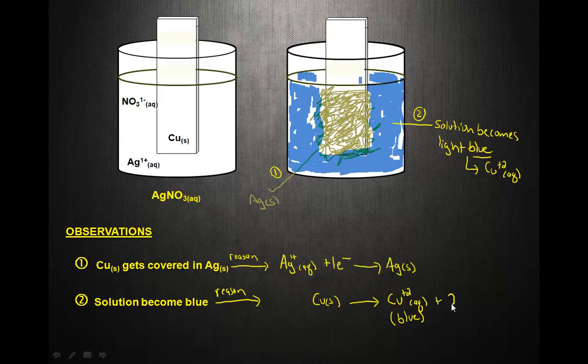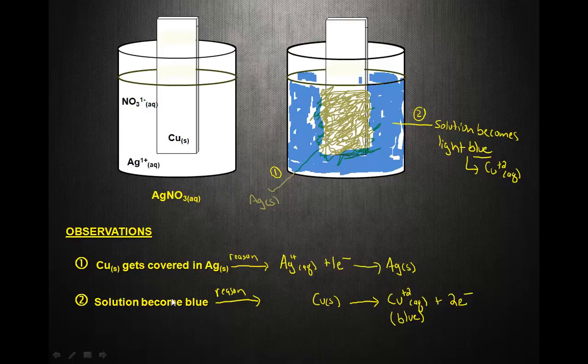Now we're going to add 2 electrons here because we want the left side, which is neutral, to add up to the right side. So having 2 electrons now makes it neutral. So that's what's going on in number 2.